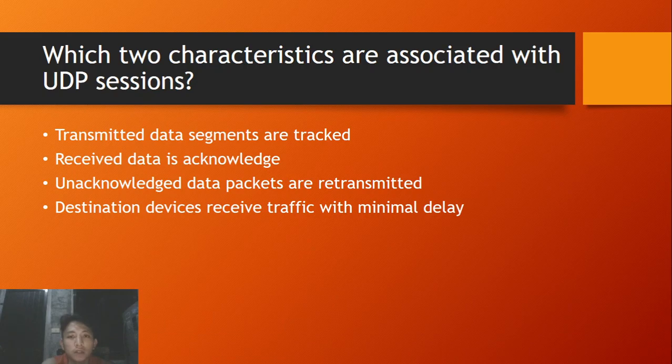The two characteristics associated with UDP sessions are that destination devices receive traffic with minimal delay, and received data is unacknowledged. So why? TCP, Transmission Control Protocol, provides tracking of transmitted data segments. Destination devices will acknowledge received data, and source devices will retransmit unacknowledged data. While with UDP, destination devices will not acknowledge received data, and the header uses very little overhead and causes minimal delay.